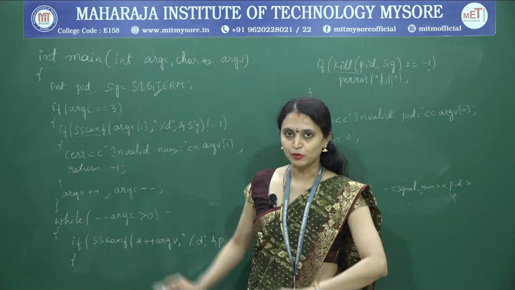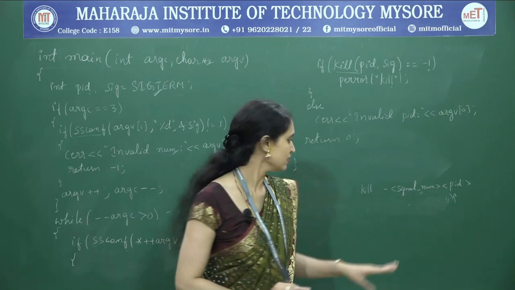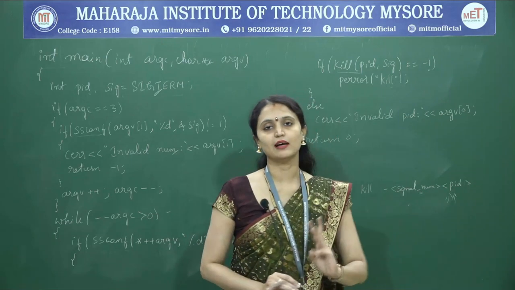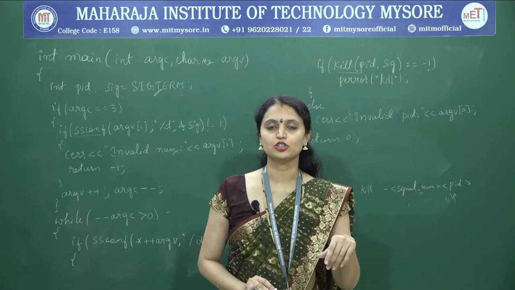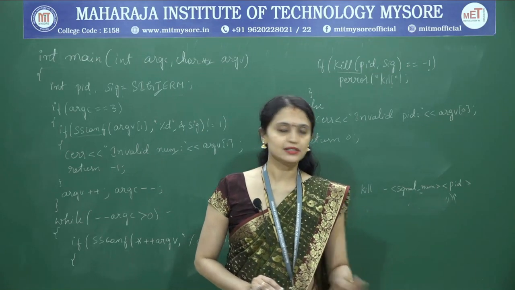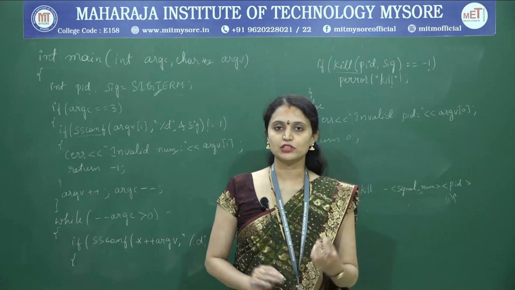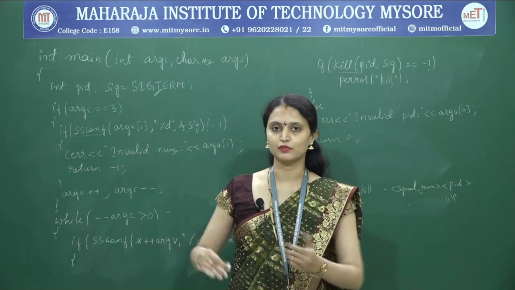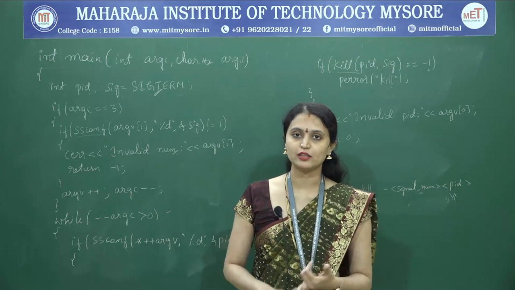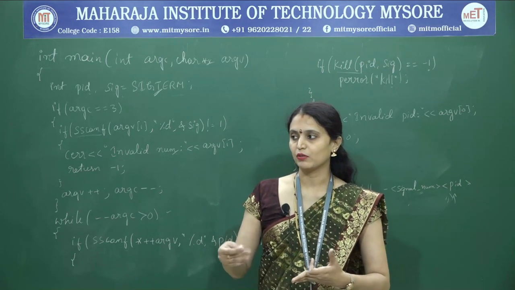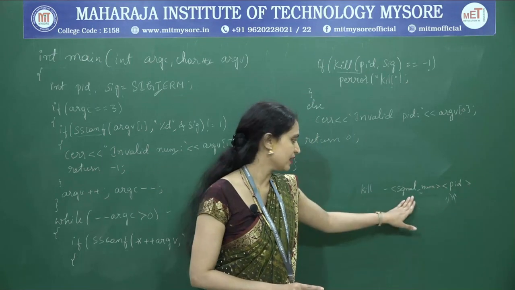So through this program we are invoking the kill command with two values, the signal number and the PID. Both signal number and PID should be of type integer, and the signal should contain the possible signal flag values which we have already discussed in the first class itself, like SIGTERM, SIGINT, or SIGSEGV. Such signal flags have to be sent here.